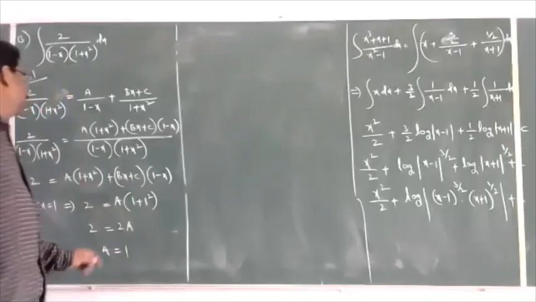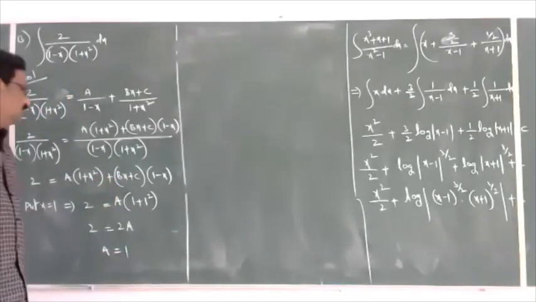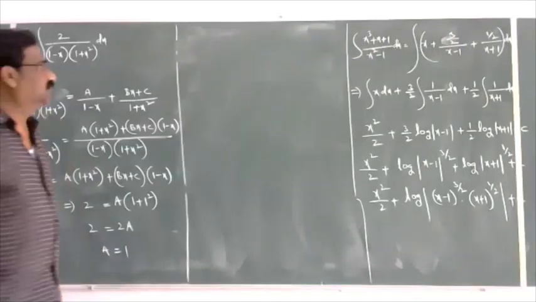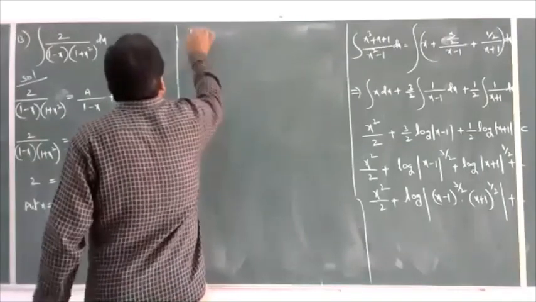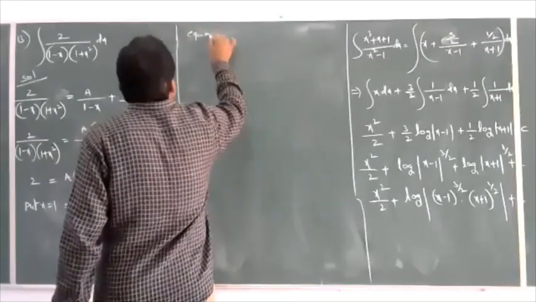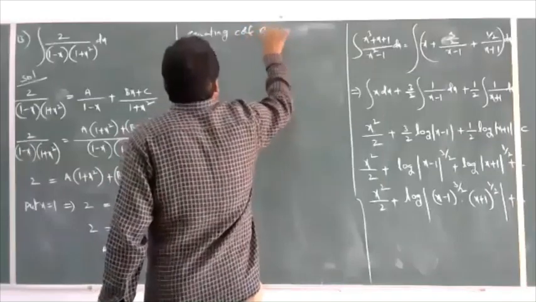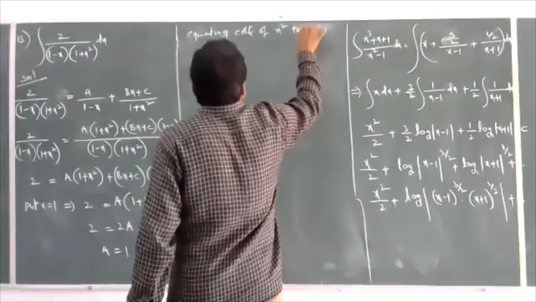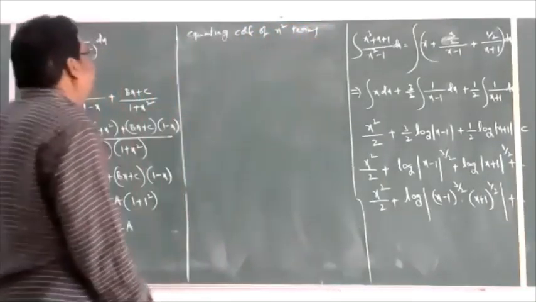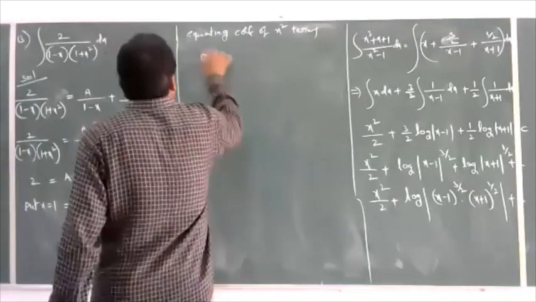Then we want to find out the B value and the C value, by equating the coefficients of x square terms and constant terms. Equating the coefficient of x square terms: on the RH side, there is no x square coefficient, that's why 0.